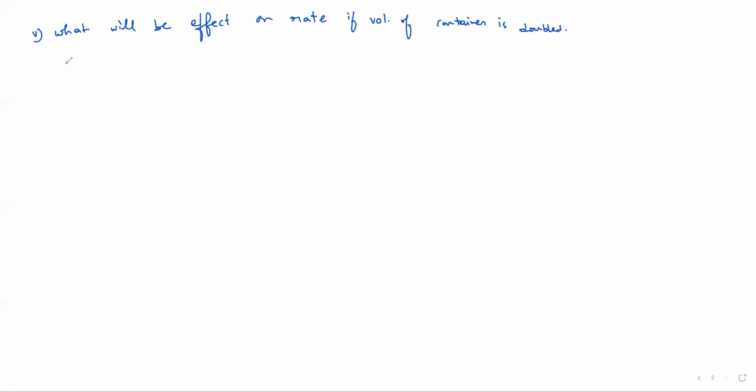Now, we all know that rate is inversely proportional to change in volume to the power order.